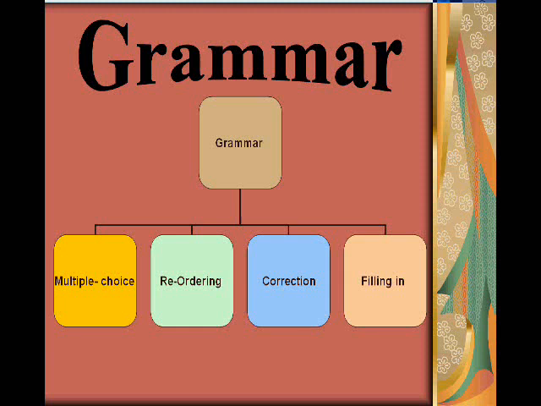It's a kind of a gloss test, and don't worry, we are going to have some examples on each type of question. So again, we have multiple choice, 5 sentences, reordering 5 sentences, correction 5, and filling in 5. So all in all, the grammar is going to be out of 20.